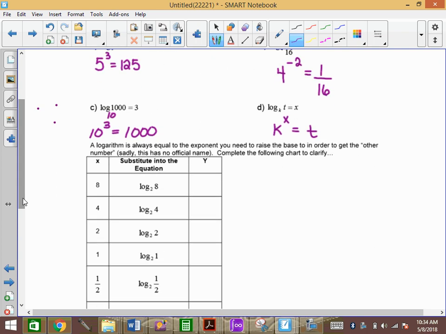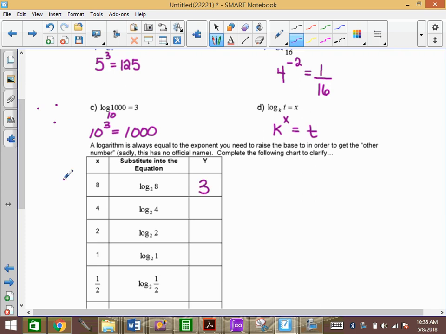Okay, I want you to type log base 2 of 8 into your calculator. If you don't have the math button, you're going to go log 8 divided by log 2. And what do you get? 3.